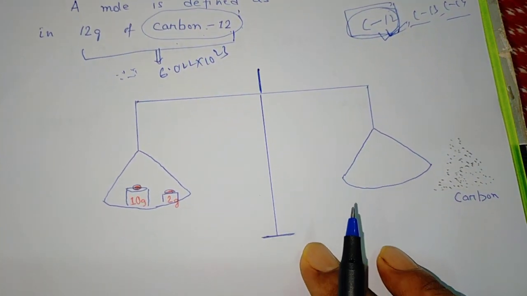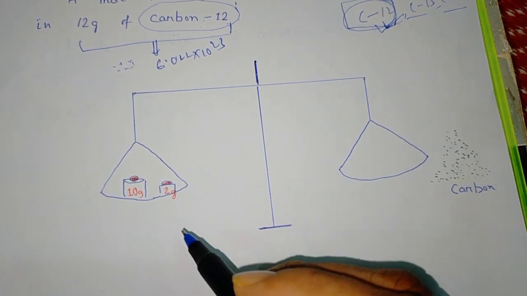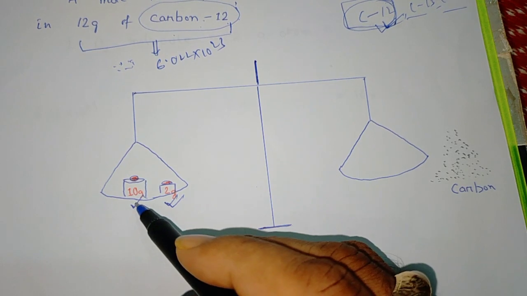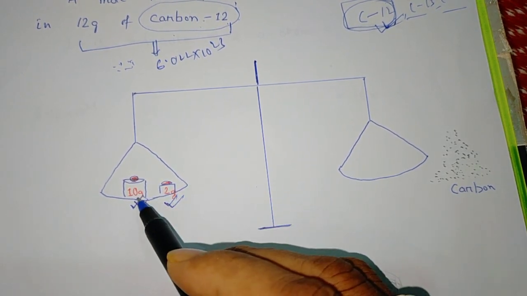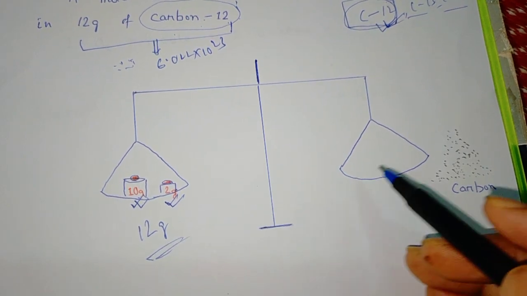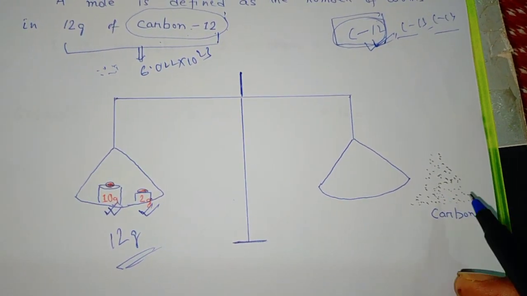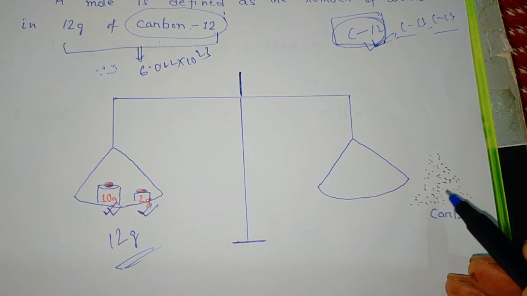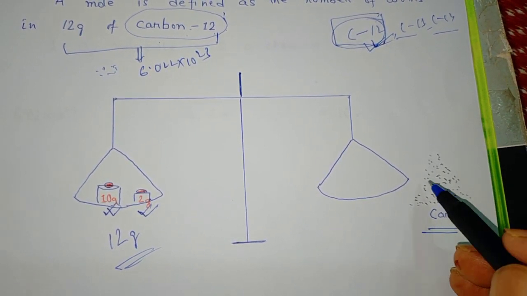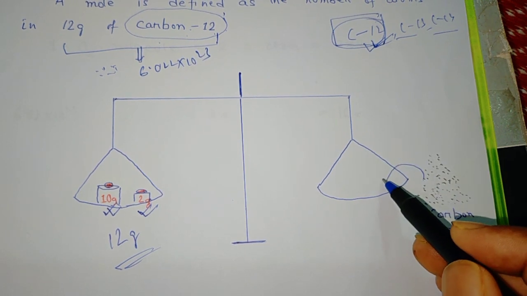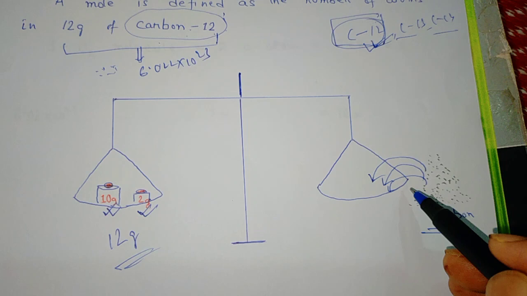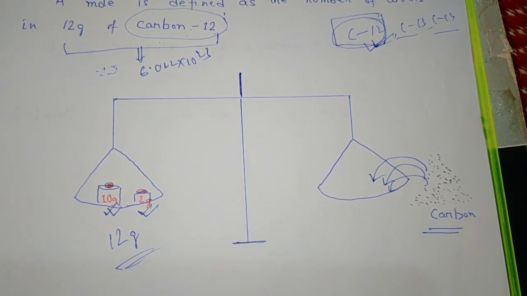Now students, we are defining the mole. On one side of the balance, we have given 10 gram plus 2 gram, which means 12 gram. Now this black thing is your carbon.